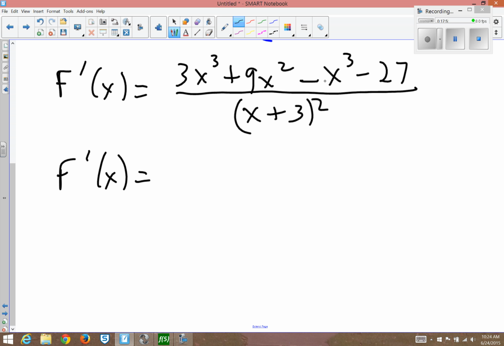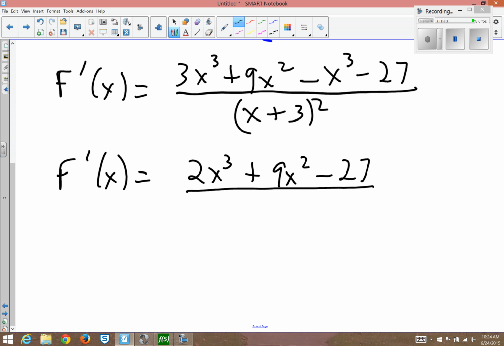Three x cubed minus x cubed is 2x cubed. So we have 2x cubed plus 9x squared minus 27 all over x plus 3 squared.